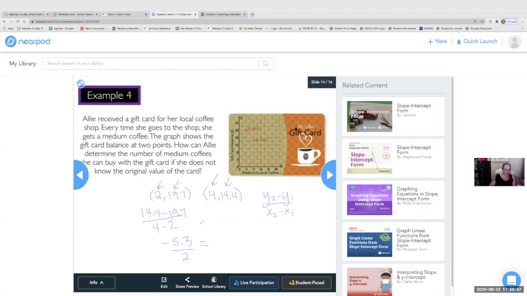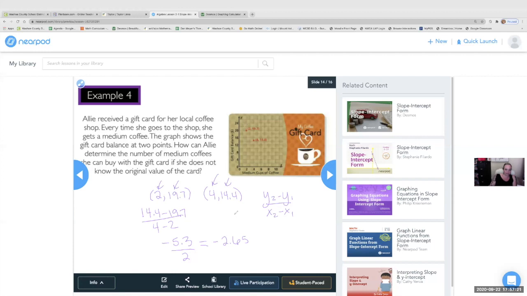Now, if we divide that, I'm just curious, how much is that per cup of coffee? And we get that it's $2.65. So in between here, the point on the graph at 3 cups of coffee would be $2.65 less than 19.70. And for 1 cup of coffee, it would be $2.65 above this.